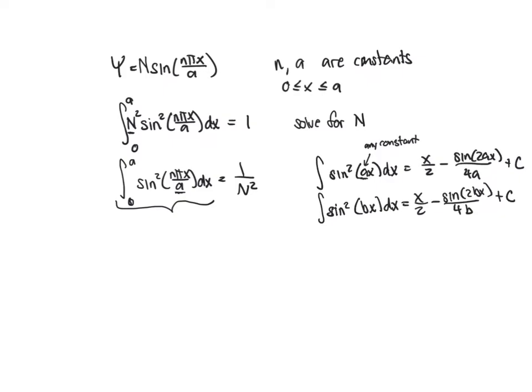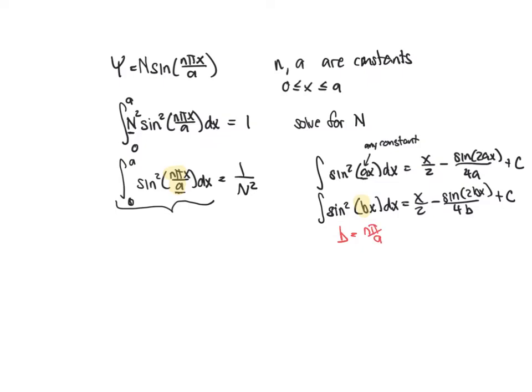So now if I look at my integral, I can see that there's this n pi over a that is multiplying x, and in the integral table it says b. So I am going to equate b to n pi over a.